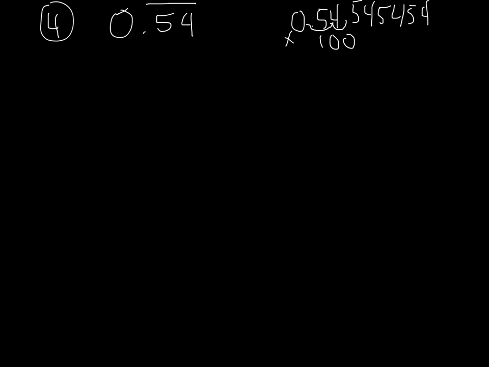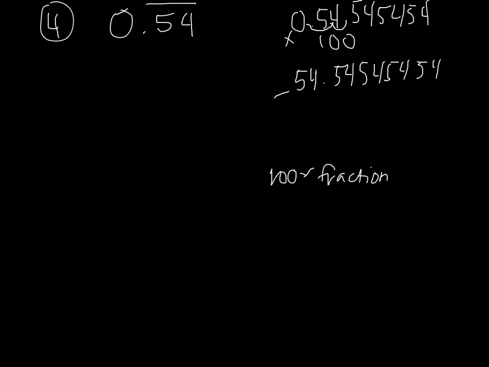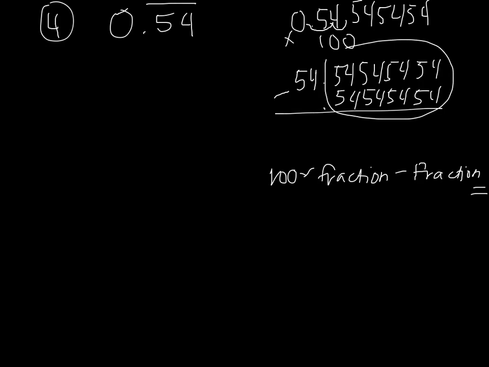So I need to multiply that by 100. So I would get 54.545454 forever. Then if I subtract it, so this is my 100 times fraction minus my first fraction, because this would subtract out to be 0, I'm left with 54 here, equals 54.